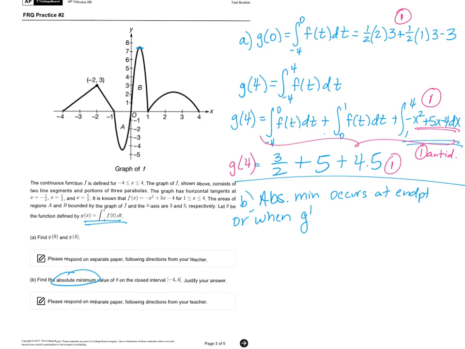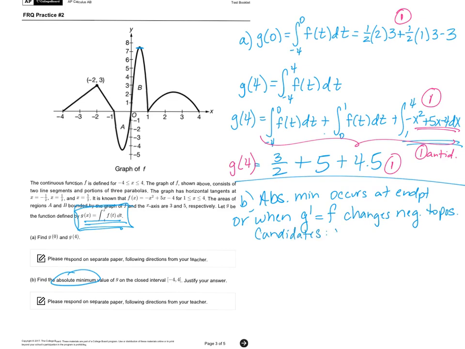Notice I didn't do that in letter A. And I'm going to tell my grader, hey, grader, I know that G prime is equal to F. Again, that second fundamental theorem. Absolute min occurs at an endpoint or when G prime, which equals F, changes negative to positive. See, I'm only looking at candidates that really matter.